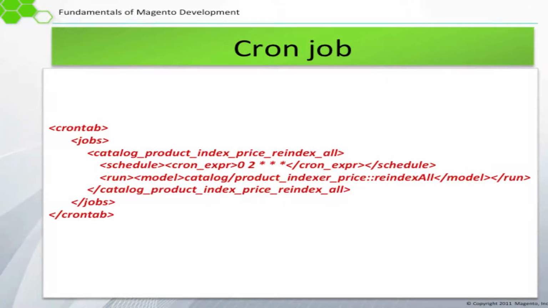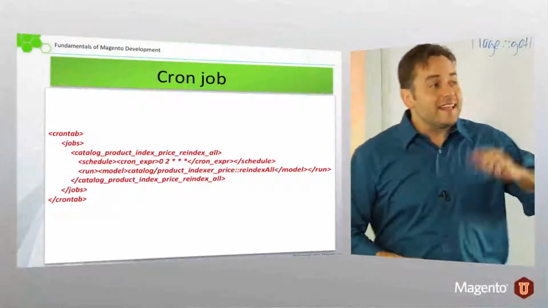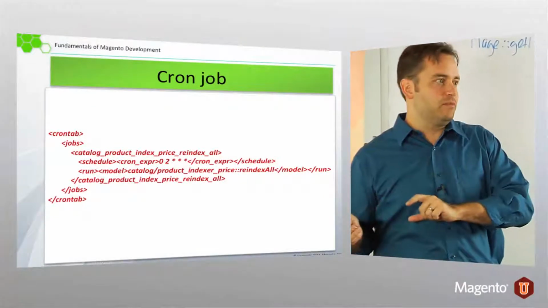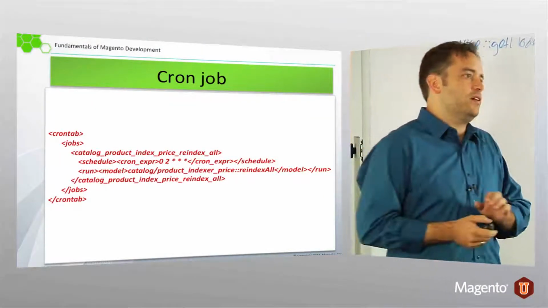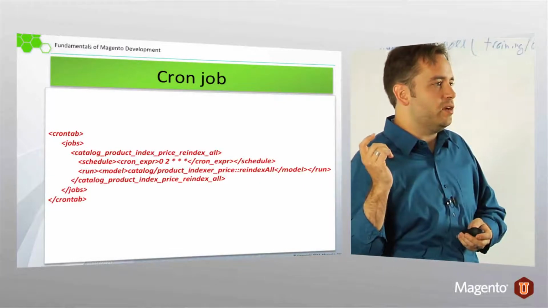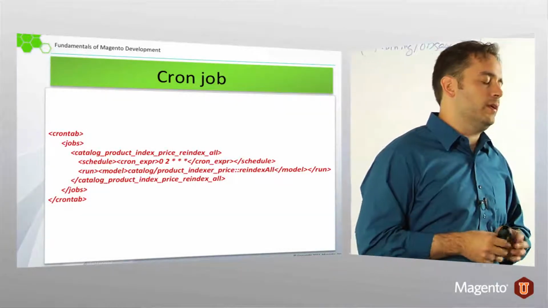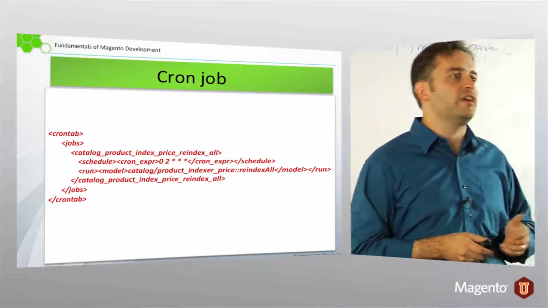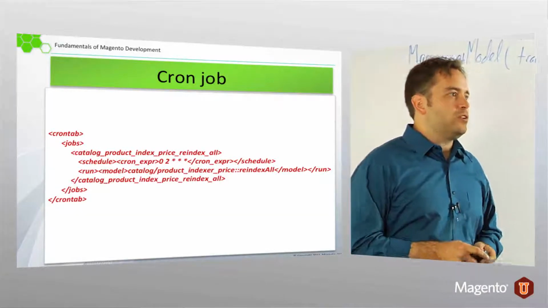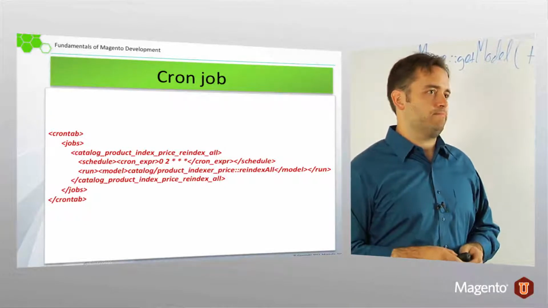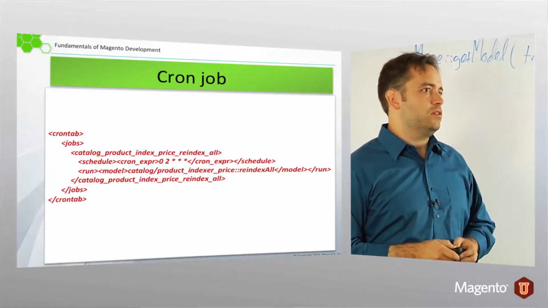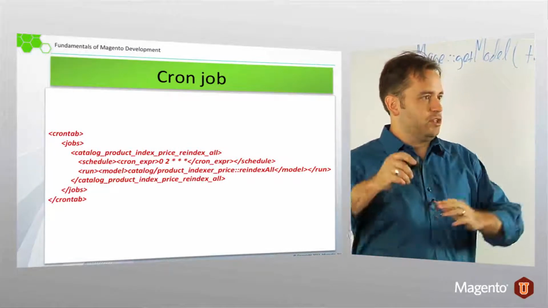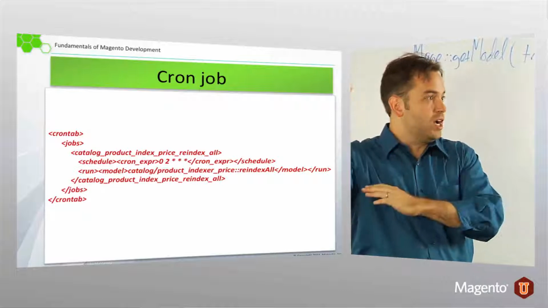The cron job is something you set up on your server to hit the cron file, cron PHP or cron shell script. That in turn schedules jobs in Magento. So in system configuration in the admin panel, there's a spot for configuring how far out the cron script, when it's hit, should look to schedule jobs.